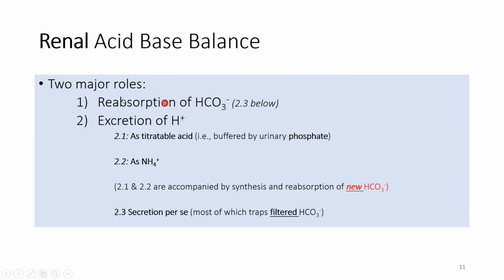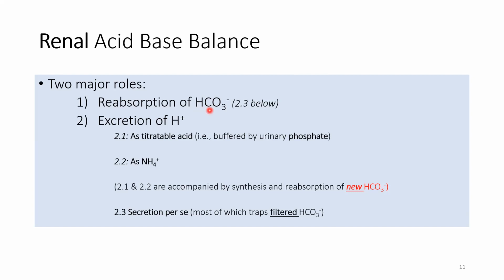The number one thing, you might find this a bit awkward, is that excretion of hydrogen I have put at number two, and at point number one I have put reabsorption of bicarbonate. But this order has some thinking behind it, because reabsorption of bicarbonate is extremely important.